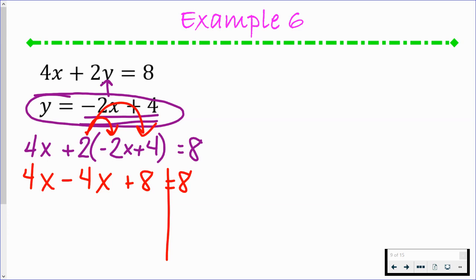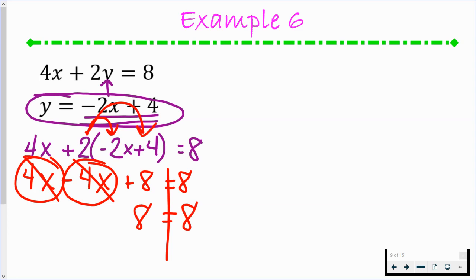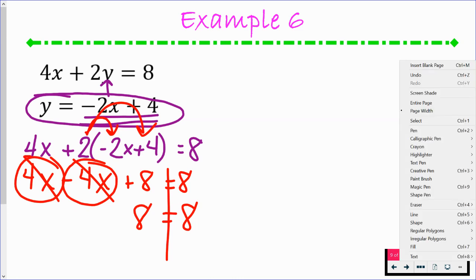Same side, so I'm going to combine them and add them. 4x plus negative 4x. See ya. Now I'm left with 8 equals 8. So my variables canceled out, and I'm left with 8 equals 8.